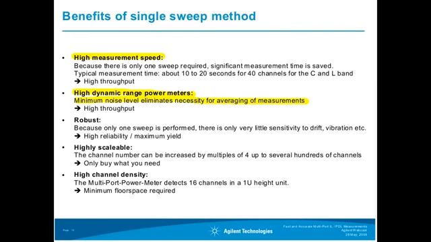And the robustness just means that you do not need to consider drift, vibration, and so on in your measurement results. So you can have high confidence in the measurements, high reliability. You have maximum yield when testing your components.